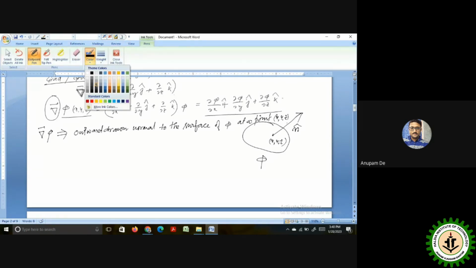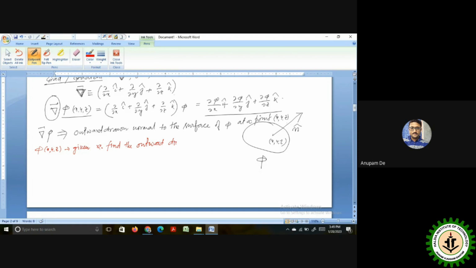Sometimes your question might be in this way. You will be given a function phi of x, y, z, and the question will be: find the outward drawn normal to the surface phi of x, y, z at a point, say, alpha, beta, gamma.